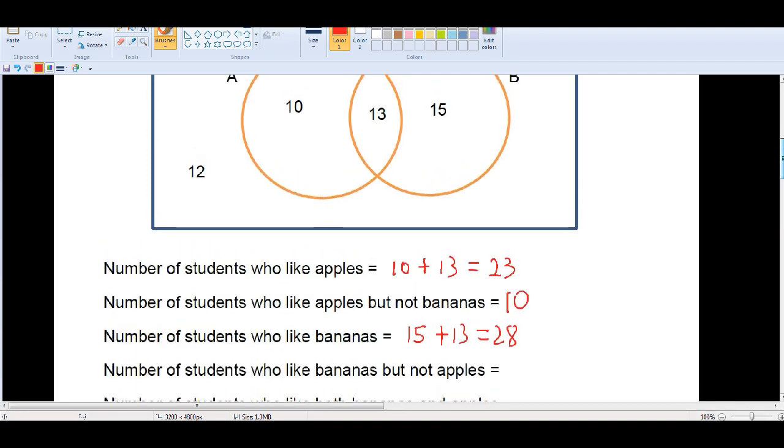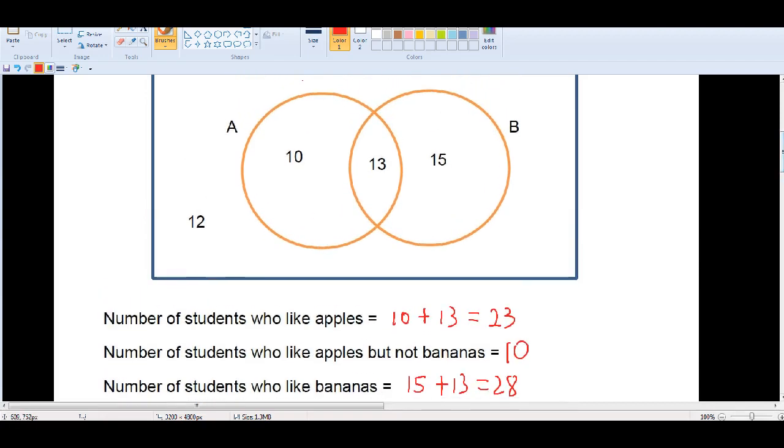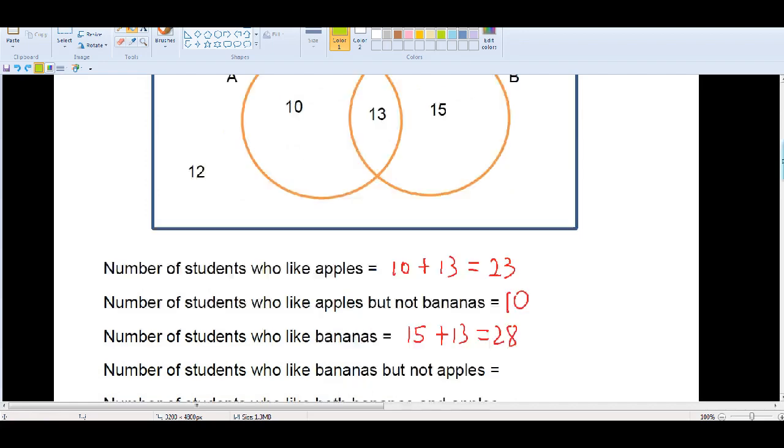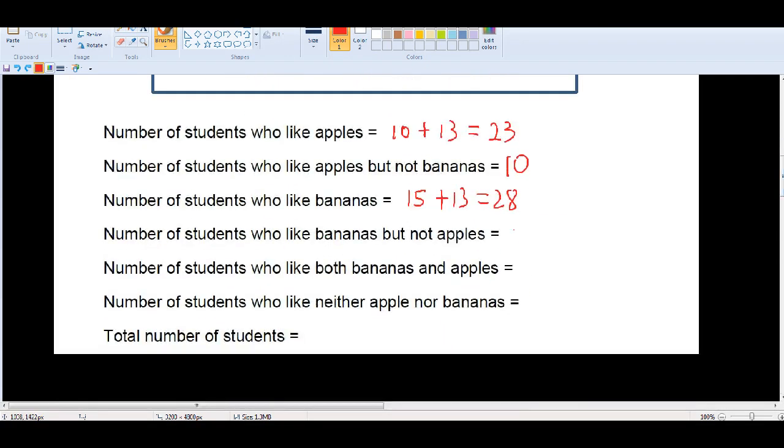The next one is the number of students who like bananas but not apples, who like bananas only. It should be only 15, because 13 are students who also like apples. This time we only want to know how many of them like bananas only, so the number should be 15.